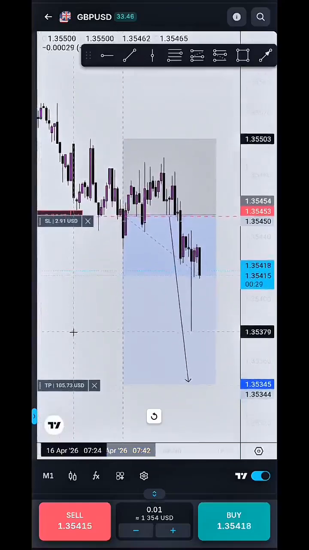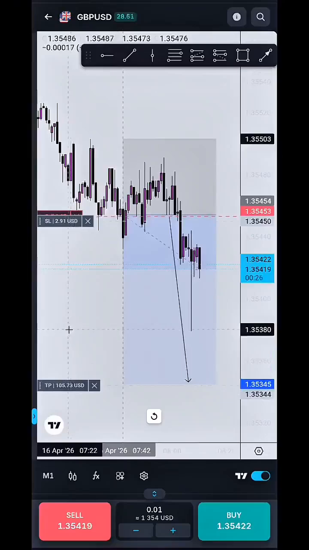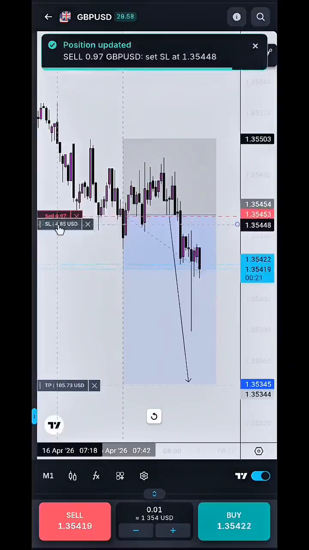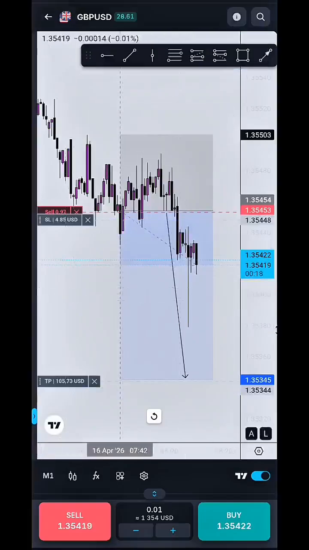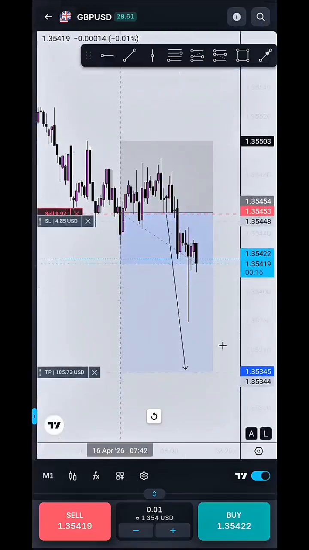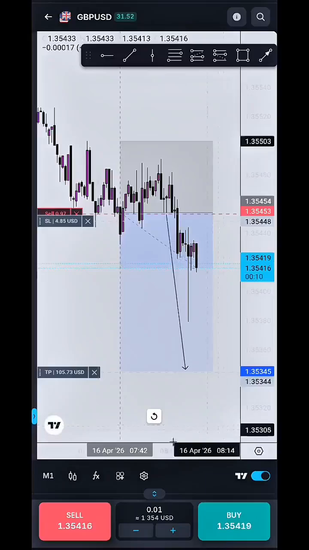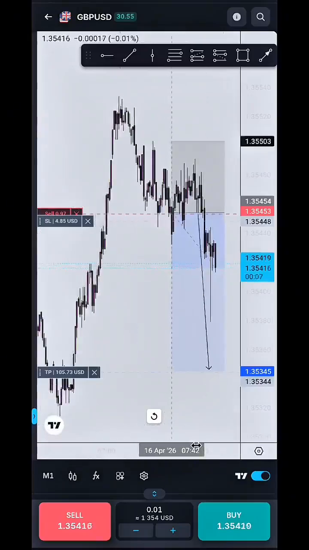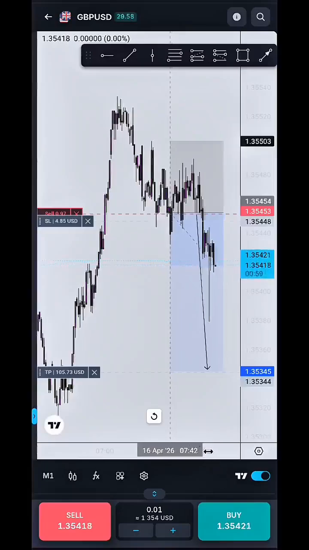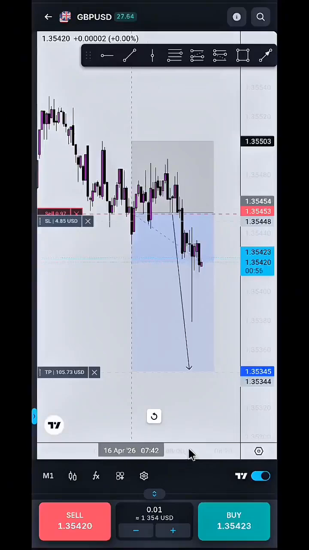So I can't risk getting stopped out once price reached 1 to 1 risk to reward ratio and stop me out at full loss. That would be very uncivilized. So I'm waiting to see what will happen next. Okay.